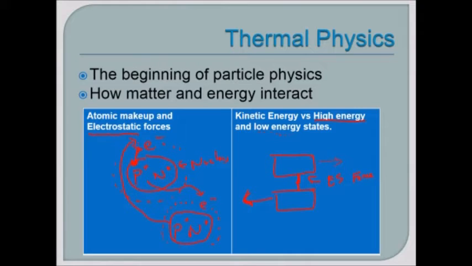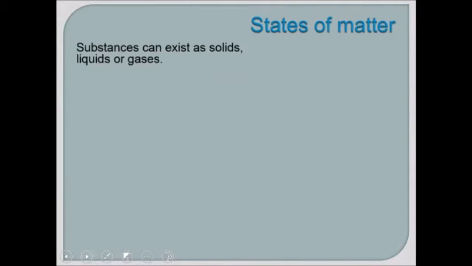But every once in a while, you've got a high energy state where it doesn't matter the strength of the electrostatic force. These things are going to fly apart, and when these molecules start flying around in their container, that is our gas phase.